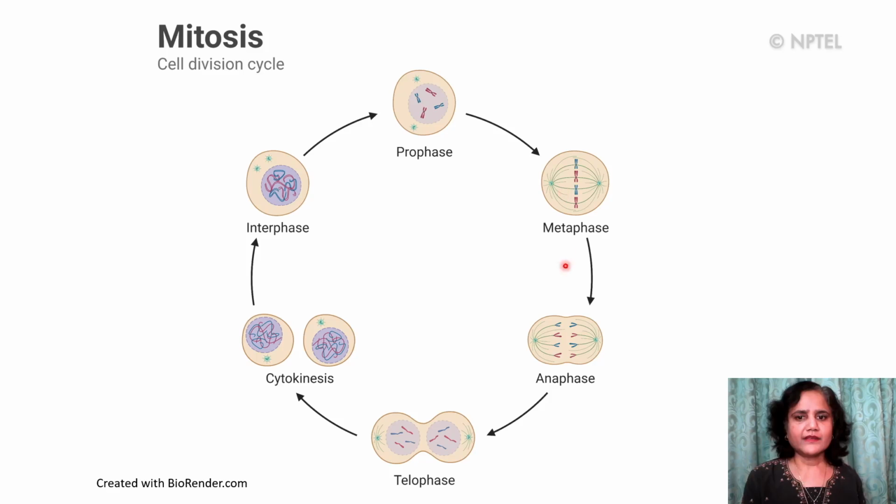In anaphase, the sister chromatids separate from each other and move away. And in telophase, the sister chromatids have reached the poles, and now you can see the nuclear envelope being reformed. And this is all followed by cytokinesis, where actual cell division happens, followed by entry into G1 and another interphase.